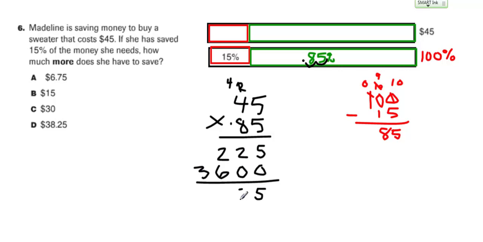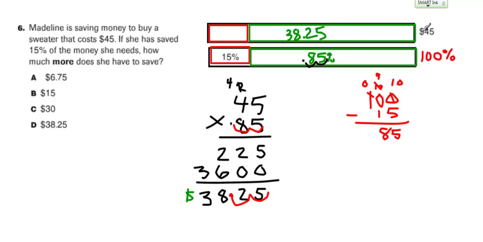Here we get 2, 8, and 3. And now we have to go over 2 places. All right, so as far as the money that we got here, this money amount is $38.25.